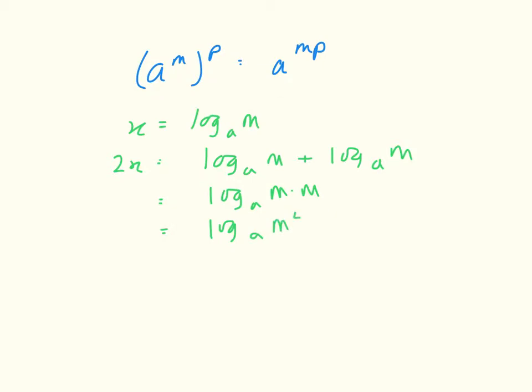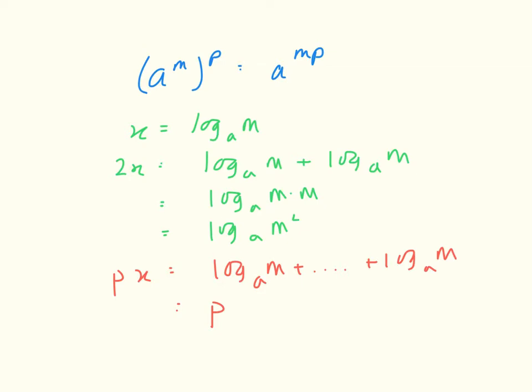So if I have px, that would be the same as log base a of m plus several times plus log base a of m, p times, which therefore would be p log base a of m, but also log base a of m to the power of p.